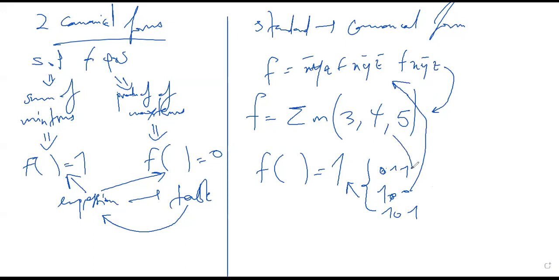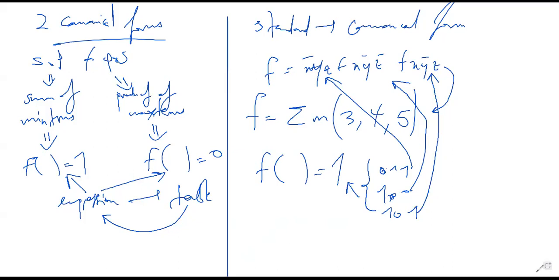And the rest, the output will be zeros. So from the expression, I can find the shorthand notation, I can find the truth table, I can easily go through that process.